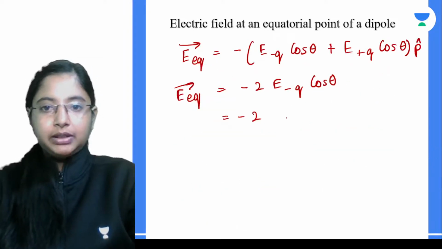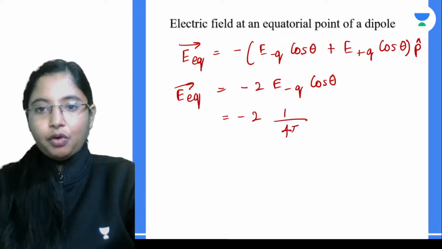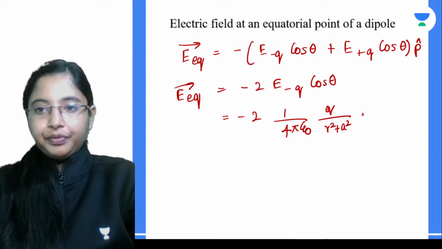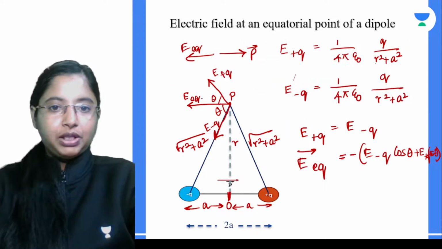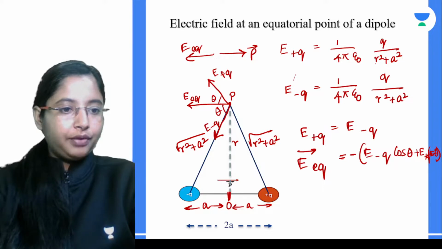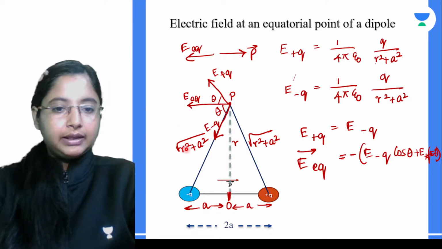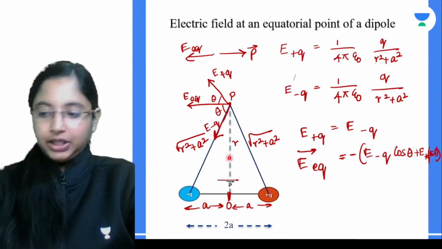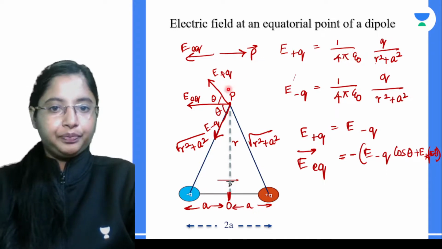That value is nothing but 1 by 4 pi epsilon naught, Q divided by r square plus a square, into cos theta. So from here we have to find cos theta. Now think of taking this angle over here. This is like a right angle triangle, and we could see an inverted triangle over here also.